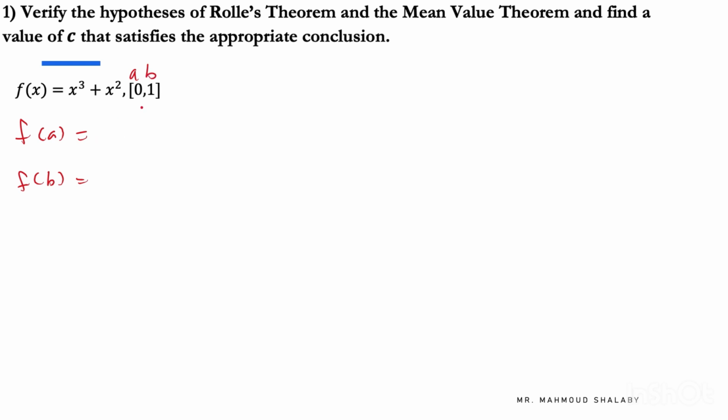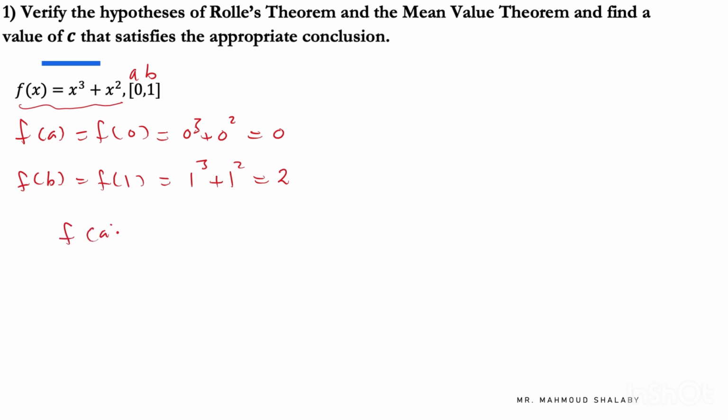So f of a equals f of b, and I'm preparing them. I can replace a now by 0, and I can replace b by 1, and substitute: go to the original function here, replace x by 0, so it will be 0 to the power of 3 plus 0 to the power of 2. Actually, I don't have to, but you can show all the full steps here. It will be 0. Then substitute by 1: 1 to the power of 3 plus 1 to the power of 2, which means 1 plus 1, the answer is 2.